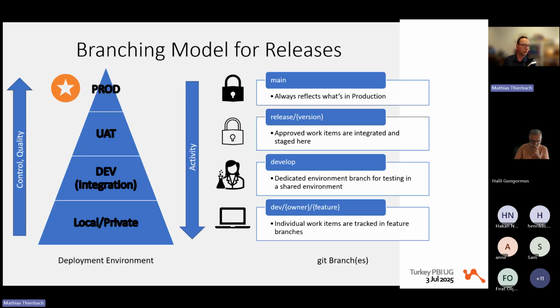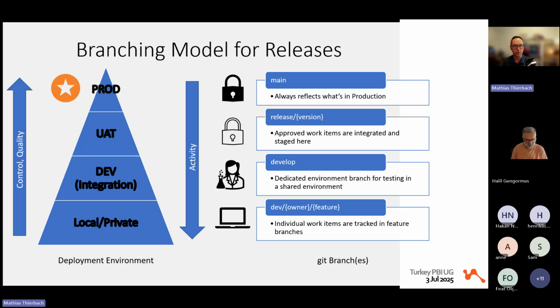Okay. In the interest of time, I'm gonna be very, very quick here. So look at the pyramid on the left. If you want to think of your hierarchy of environments as a pyramid, then your highest environments are the most protected ones.